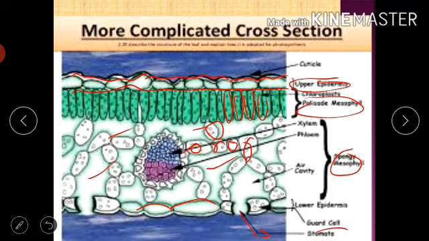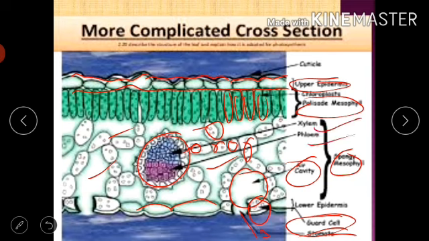Can you see stomata? And this stomata is guarded by guard cells. This is the guard cell. And just above stomata, there is the stomatal air cavity. And in the center, there is a vascular bundle which has xylem and phloem tissues.